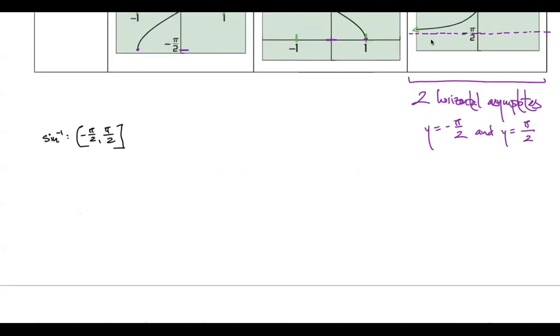If I asked us to find negative pi over 2 to pi over 2 on the unit circle, where would you look on the unit circle? Wow, that's a terrible circle.